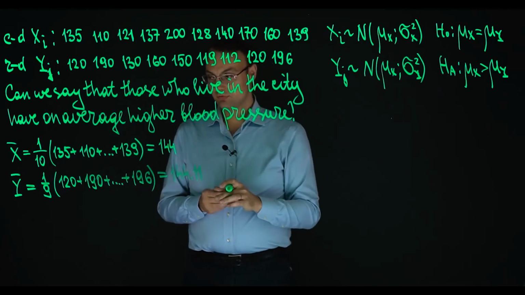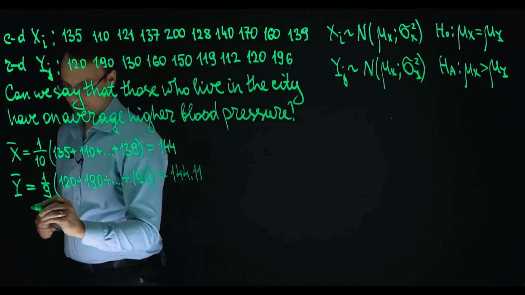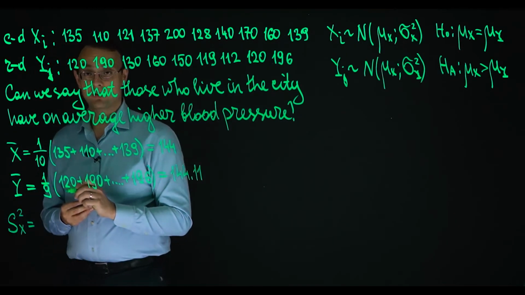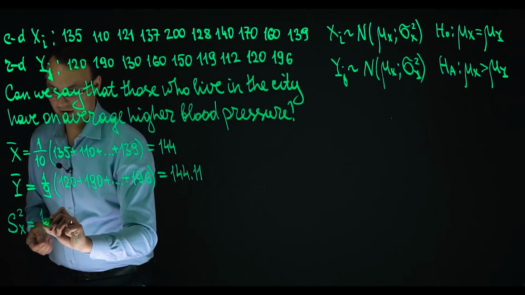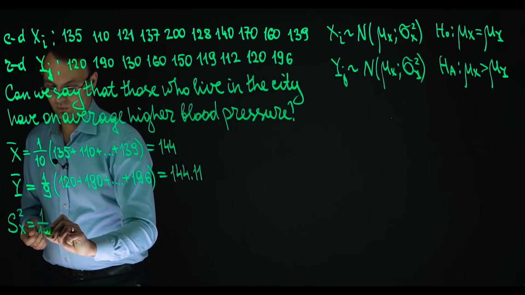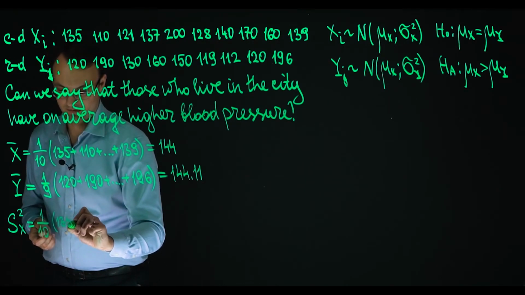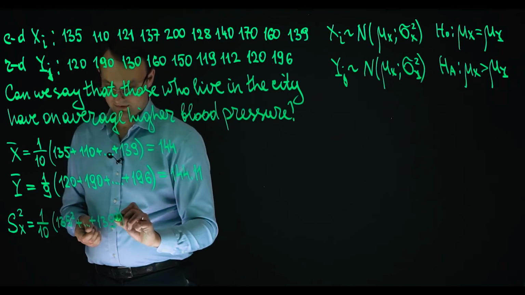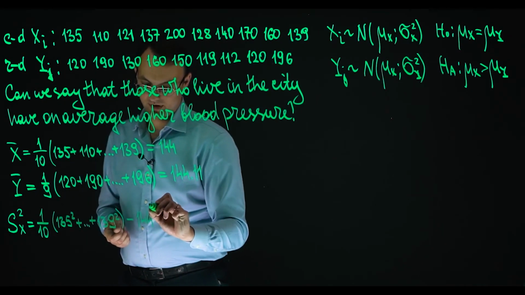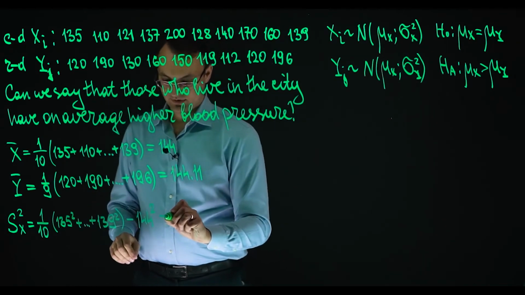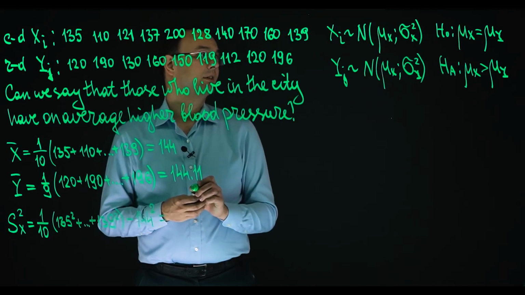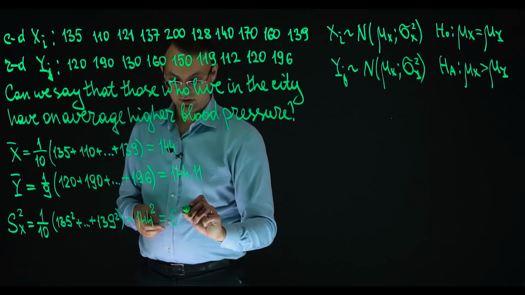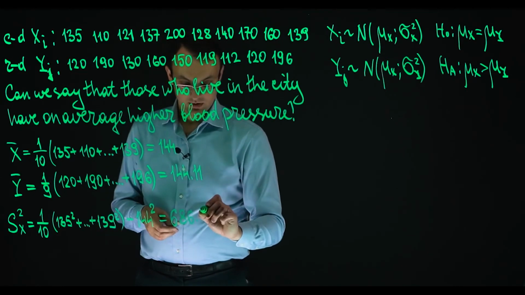Then we are to find 2 sample variances. So the sample variance for the first sample is average squared minus squared average. So 1 over 10 ... minus squared mean value. And after all calculations, we'll get that the sample variance is 686.67.